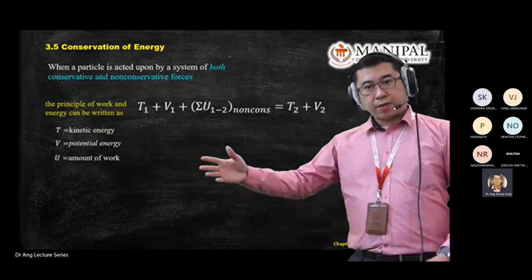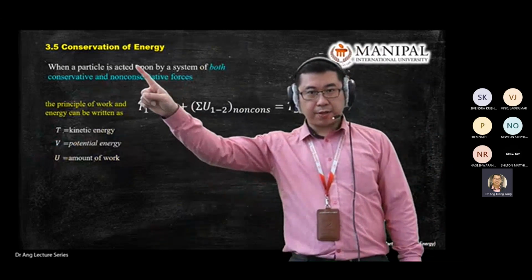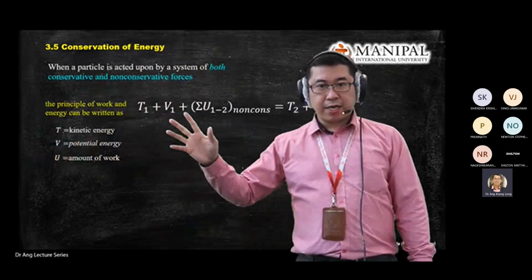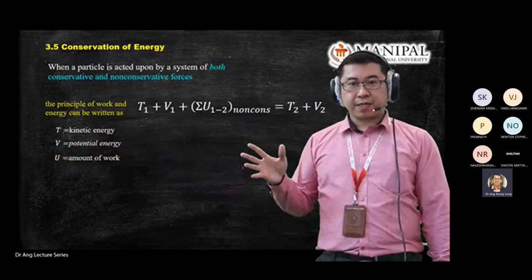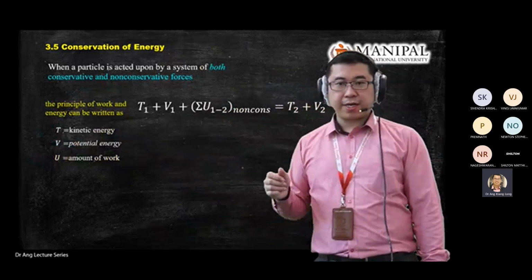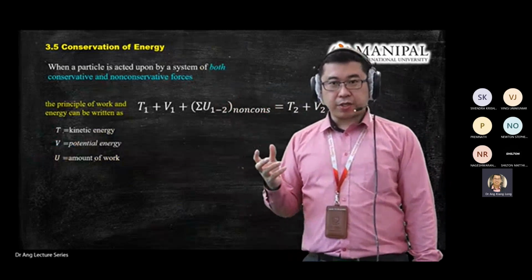Okay, so we summarize what we learned before this. When you talk about conservation of energy, you know that you have two types of energy that you learn up to today: kinetic energy and potential energy.